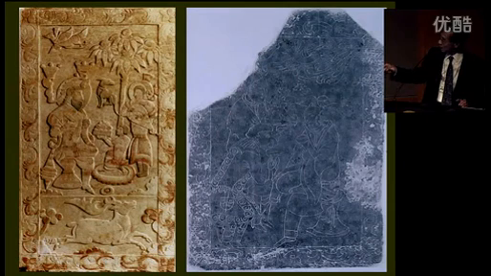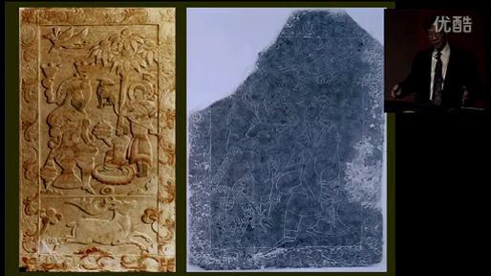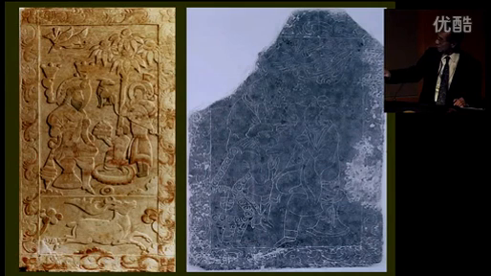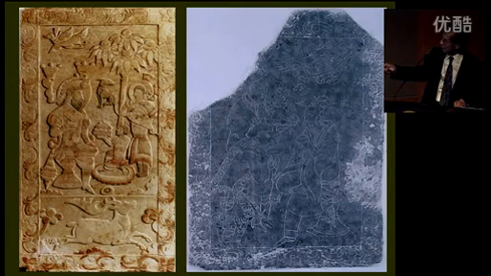Here you have a stone slab from a Sogdian tomb with a princely or royal figure sitting on the stool, an hourglass stool, receiving some tribute from a kneeling person. And on another slab from a Chinese tomb, you have exactly the same subject matter, but here we have a Chinese gentleman receiving tribute from the barbarian.